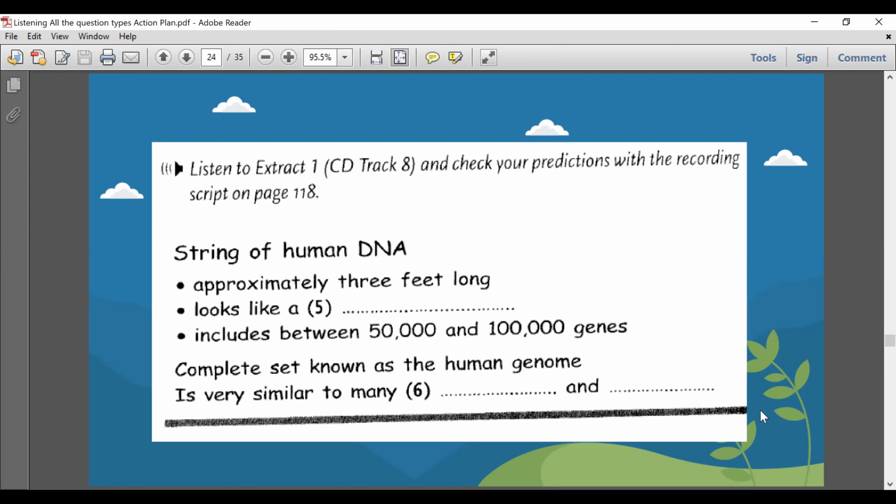Various parts of the string incorporate between 50,000 and 100,000 separate genes. A human individual's complete set of genetic material is known as the human genome. And interestingly, the human genome is not the biggest one around. Surprisingly enough, your genome has a lot in common with other animals and plants. Nonetheless, your DNA sequence is uniquely yours.